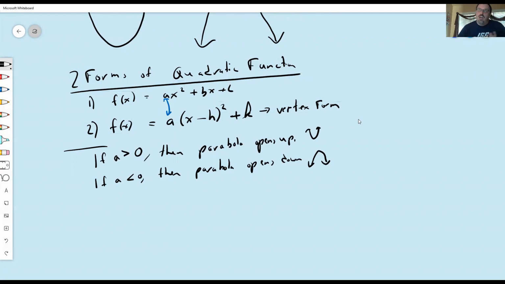The a will also tell us how thin or wide a parabola we can have. To look at that, you need to note the absolute value of a.